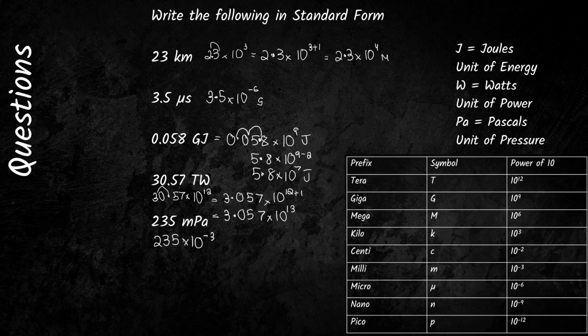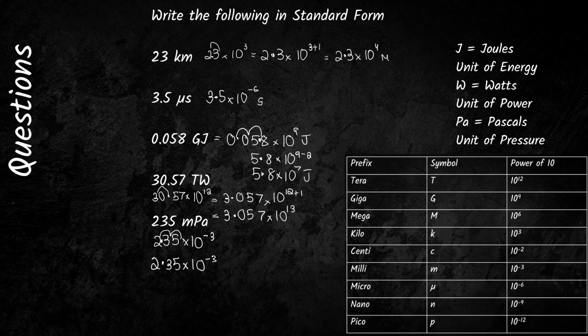Converting this to standard form means I need to move the decimal place 2 units to the left. 1, 2. Now you have only one digit to the left of the decimal place. So 2.35 times 10 raised power minus 3.